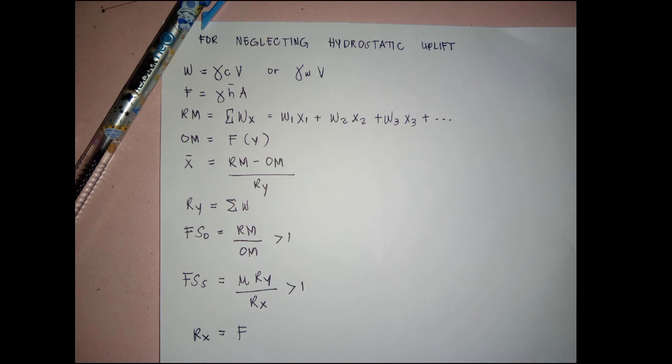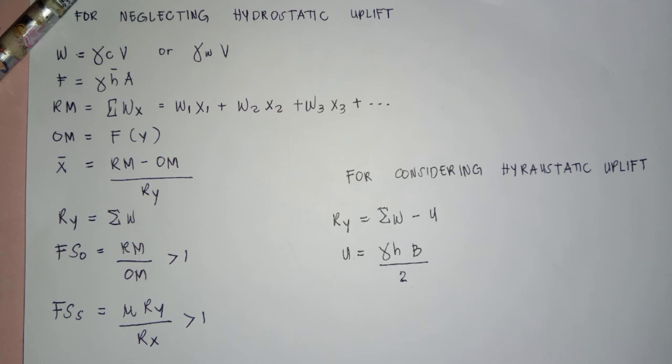And Rx is just equal to the force. For considering hydrostatic uplift, to get the Ry is the summation of weight minus the uplift. And the uplift is the unit weight times height times base over 2.